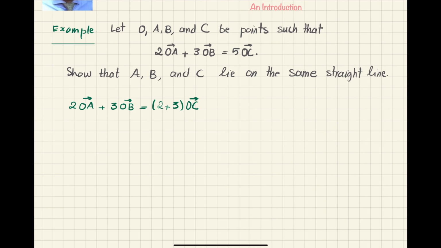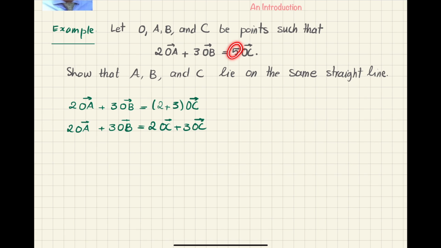Yes, distribution is probably a good natural step to do. So it becomes 2OA plus 3OB, and this becomes 2 times OC plus 3 times OC again. That is natural. It was not clear why I have written 2 plus 3.